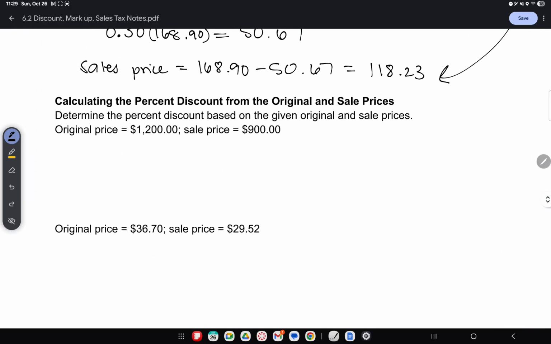All right, determine the percent discount given the sale price and the original price. All right. So I'm trying to think of an efficient way to do this.